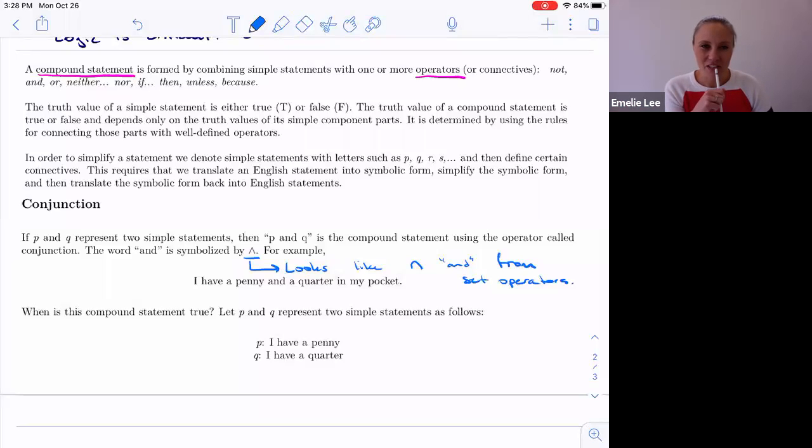Reading ahead to negation, I know. We'll talk about negation in just a little bit.